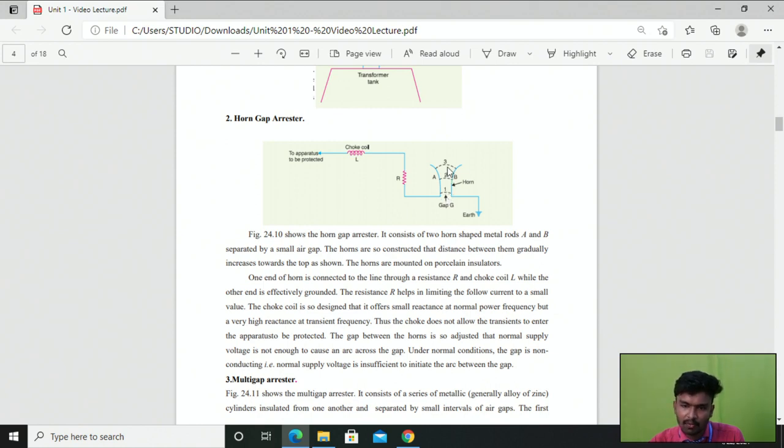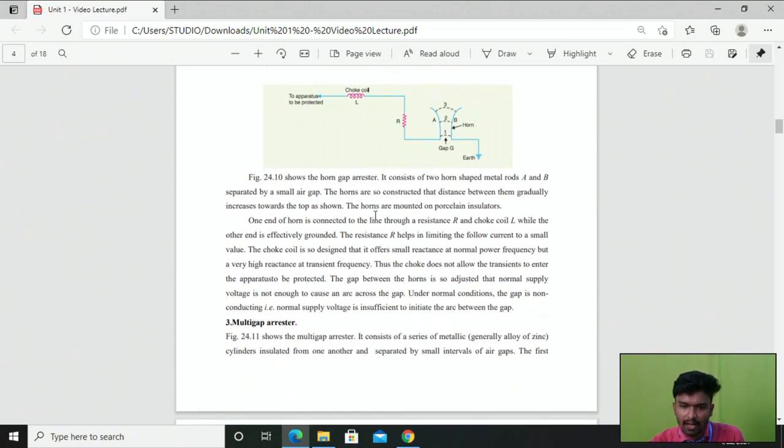At the third position, the air gap between the horn shaped metal rods A and B is increased more than at positions 1 and 2. So if you look in the upward direction, the spacing increases, right?